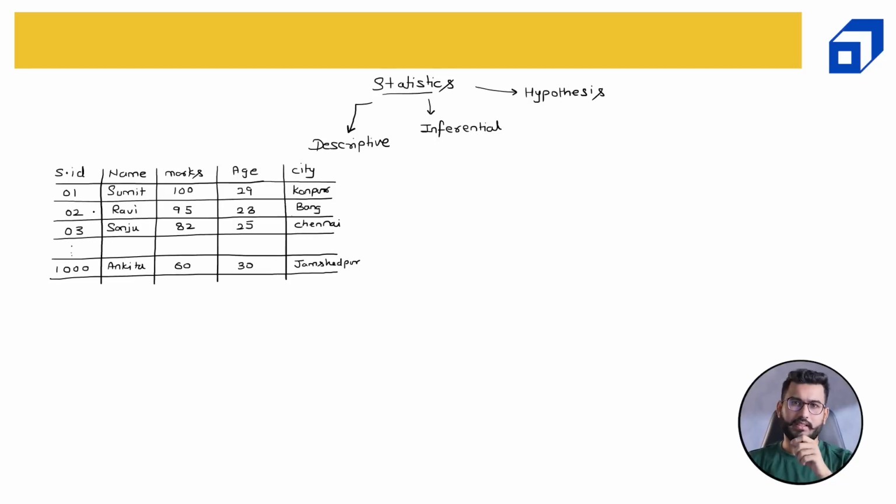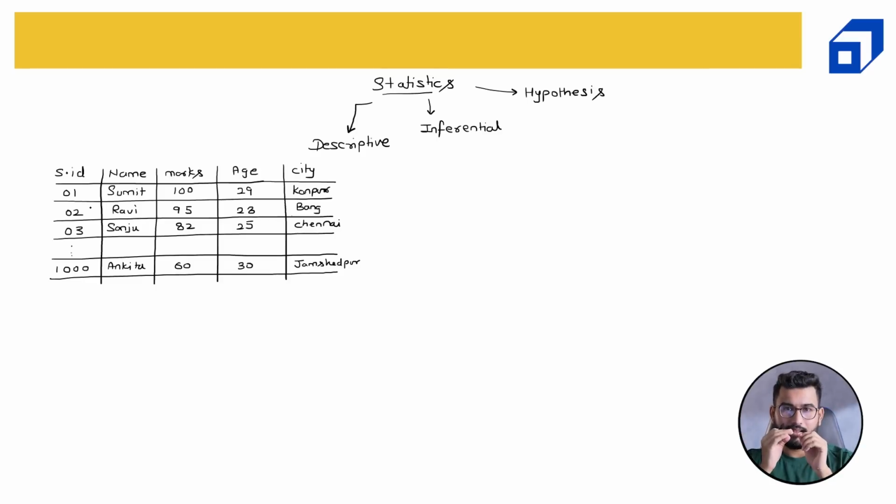The marks of Sumit is 100, the marks of Ravi is 95, the marks of Sanju is 82. It will take a lot of time and it is also not feasible. And the head of the school will not have this much time to listen to all your information. So what is he or she looking for? He or she is looking for some information that can fully describe the complete class.